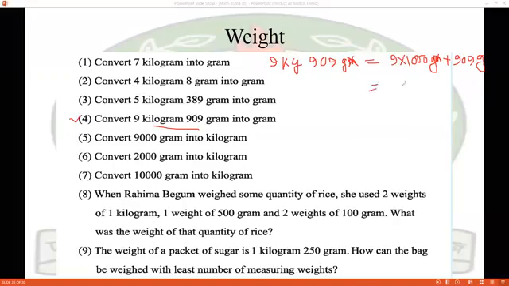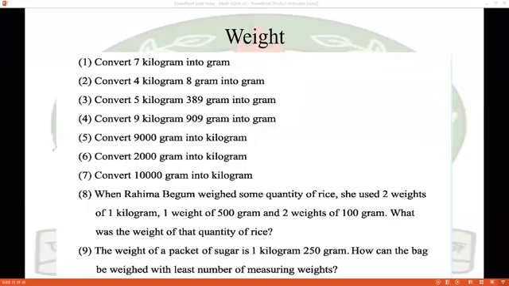So it will be 9000 gram and 909 gram. So it is equal to 9909 gram. In this way, we can convert from kilogram to gram.